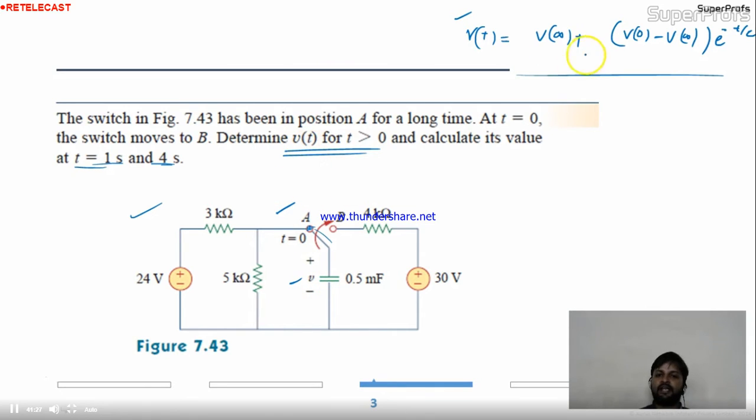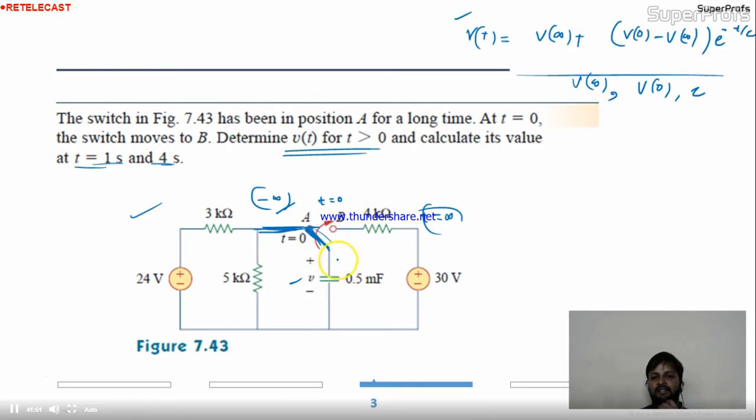So for V(t), I need V infinity, V0 and tau. Initially the switch is connected to A like this. The circuit is in steady state. Initial steady state means at minus infinity I'm talking about, because at t equal to 0 I'm changing the switch, and at this stage after a long time it will be t equal to infinity.